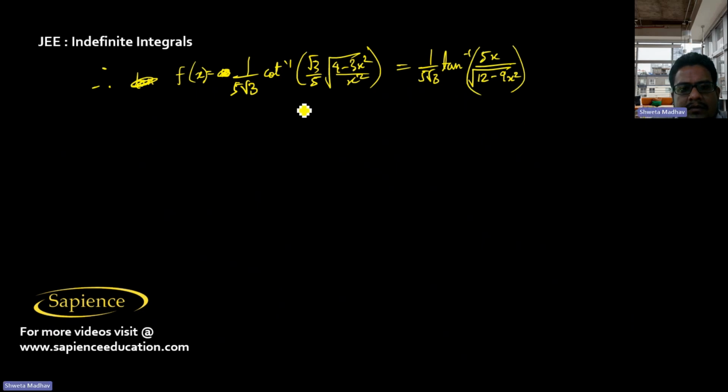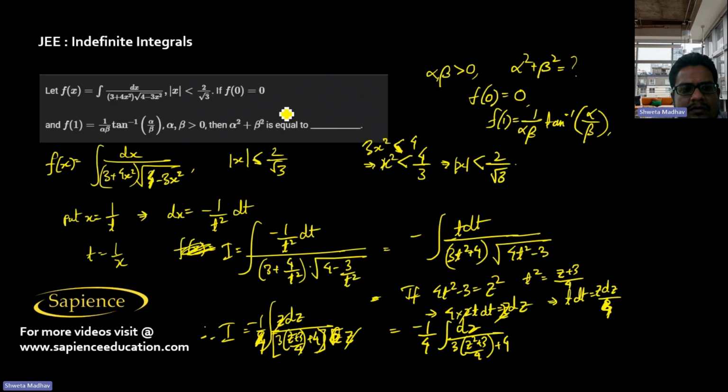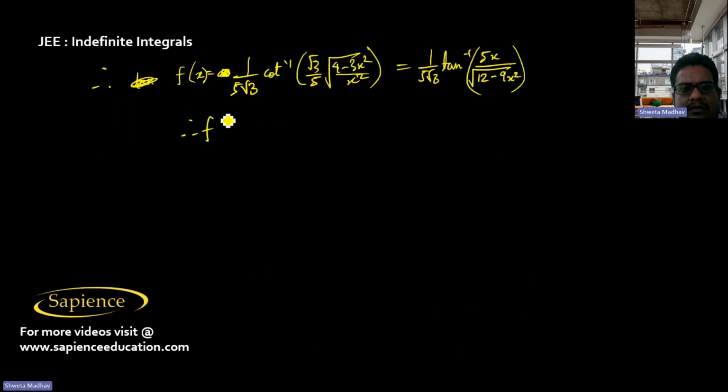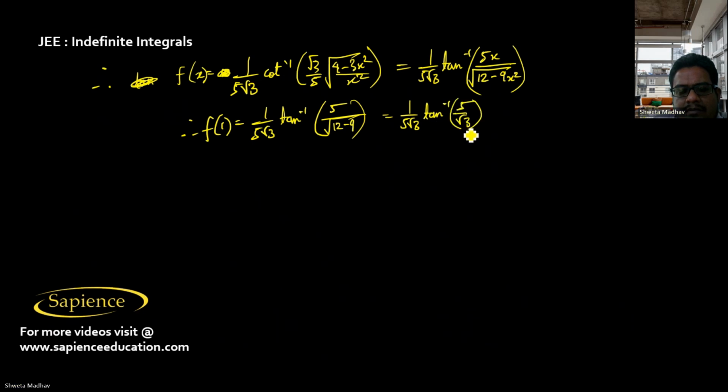So now f of 1 will be 1 by (5 root 3) into tan inverse of 5 by root over (12 minus 9), which is 3. So this is 1 by (5 root 3) tan inverse of 5 by root 3, which is given as equal to 1 by (alpha beta) into tan inverse of alpha by beta.